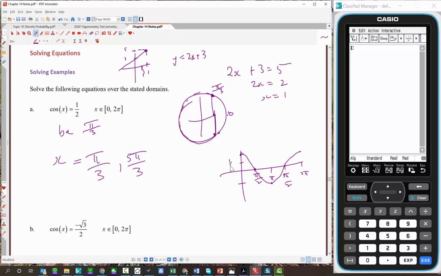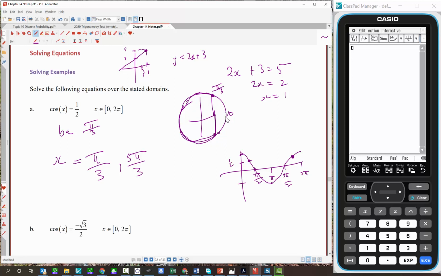So there's a half there. It's going to be there and there. So notice what happens as I move around the unit circle. I get one solution early, which is this one here, and I've got to keep going all the way around until I get what I call a late solution, down there. So the graph and this unit circle seem to correlate with each other quite nicely.